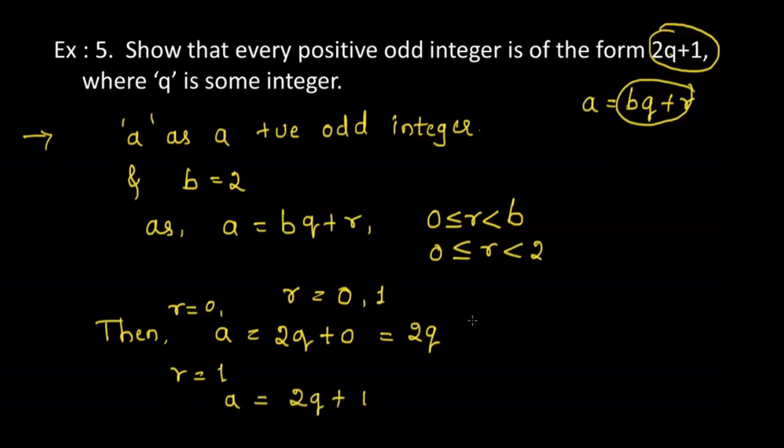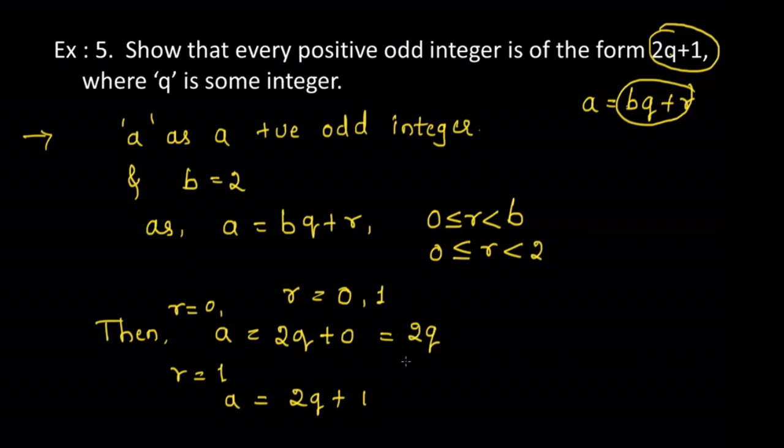If you put any value for q here, such as 0, 1, 2, 3, any integer, you will get a as an even number only. If you put 0, 2 zeros are 0. If you put 1, 2 ones are 2. If you put q as 2, 2 twos are 4.